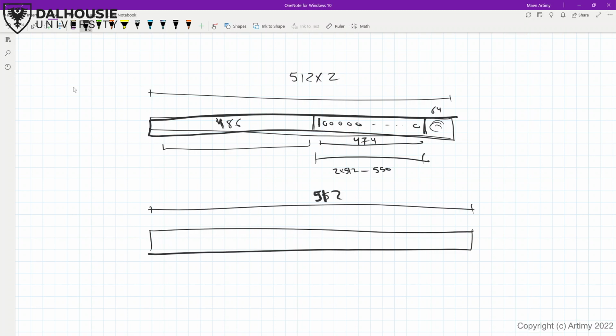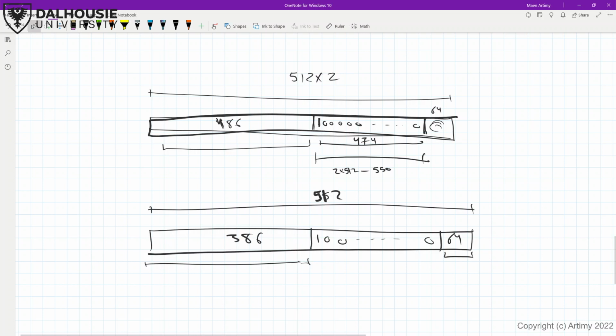And here instead of 486, let's say it's 386. So we need 64 bits here for the length of the message, and we have 386 here. We want to find the size of this padding.